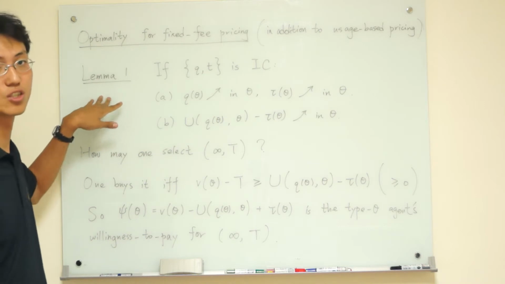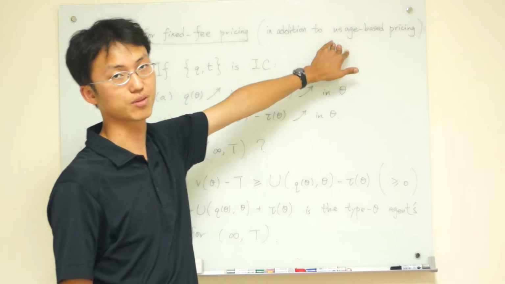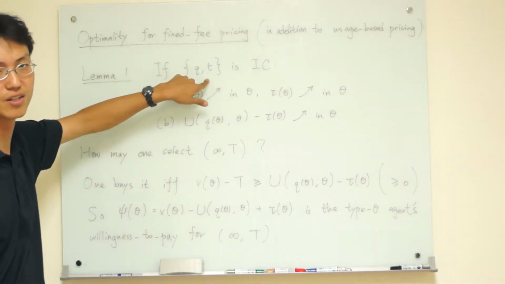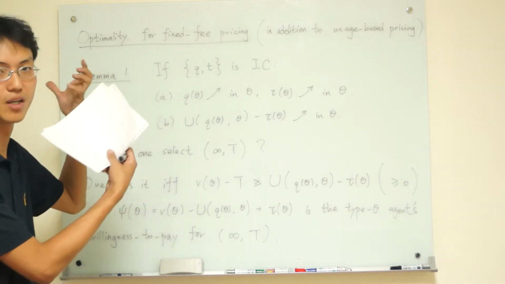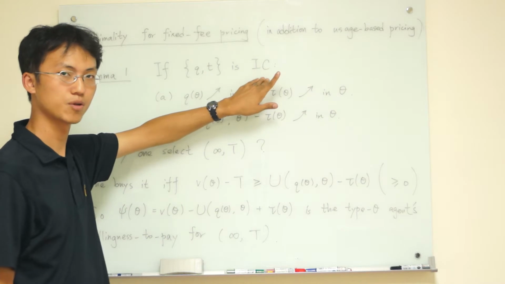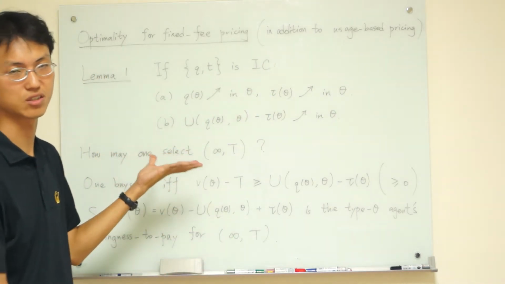First, we need to get some idea about our usage-based pricing plan. If I use this notation, the (Q, T) pair, to say it's a menu, and our menu is incentive compatible, we can show that the following things apply, and that's something natural.